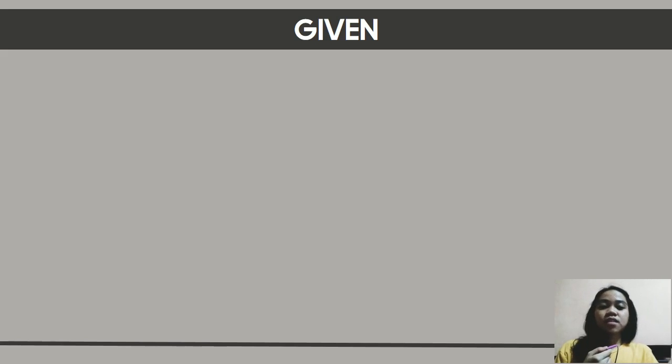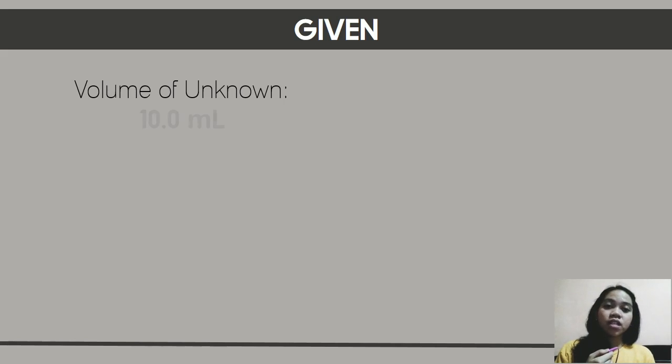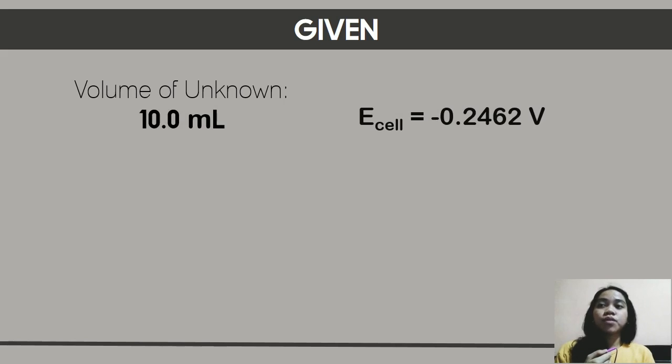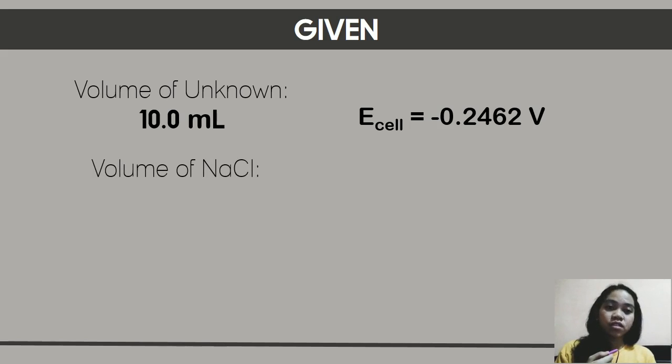So, let's now identify the given in the problem. So we have here the volume of the Na+ solution with an unknown molarity. We use 10 mL of that with an electric potential of negative 0.2462 volts. We added an NaCl solution to that.